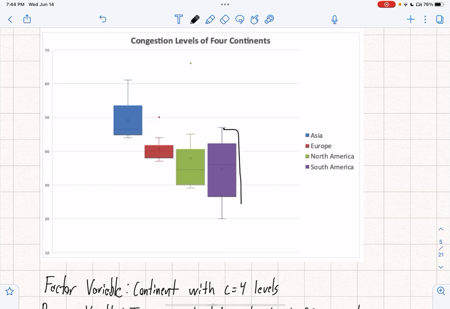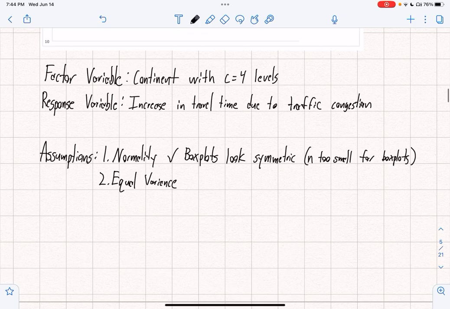We can also look at the overall range. Again, there are obviously differences, but are any of them so dramatic as to suggest that you don't have equal variance? So we'll say yes, we have equal variances. Variances are fairly similar.